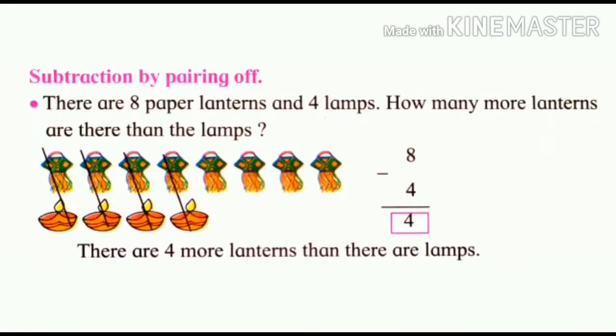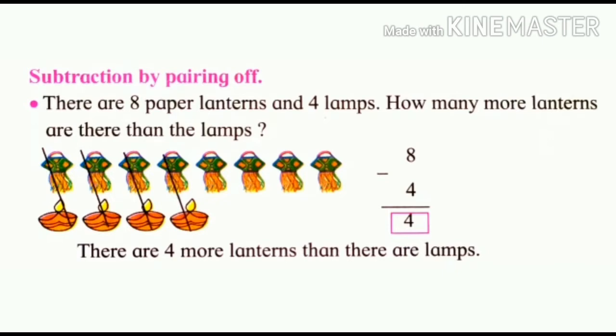Let's read the question. There are 8 paper lanterns and 4 lamps. How many more lanterns are there than the lamps? As you can see in the picture, we have 8 lanterns and 4 lamps. Before subtracting, let us equal the number of lanterns with the lamps. 1, 2, 3 and 4.